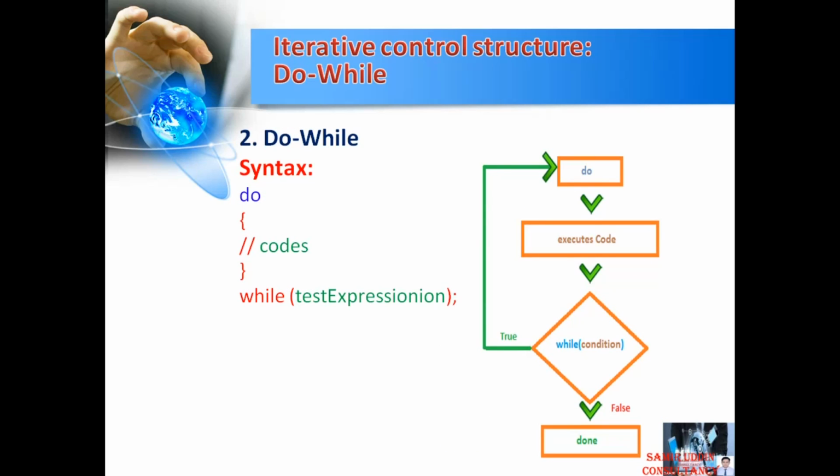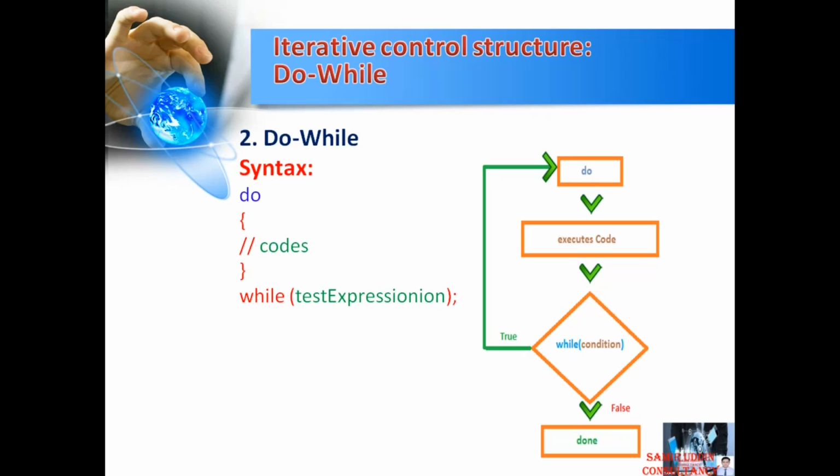When we discussed while, I told that there is a chance that the statement present in while might not be executed at all. But in case of do while loop, the only difference is that the body of the code will be executed at least once, whether the condition is satisfied or not.